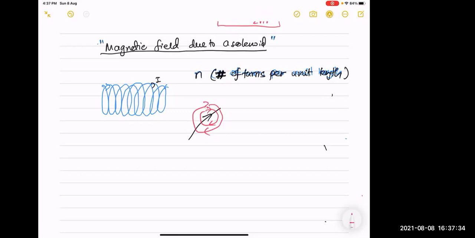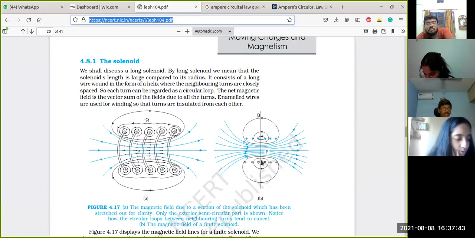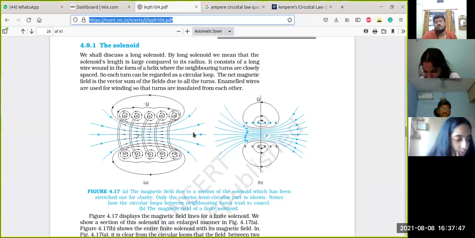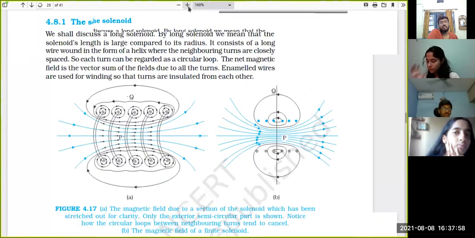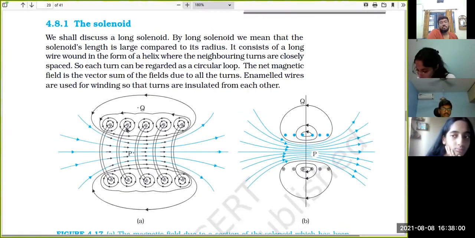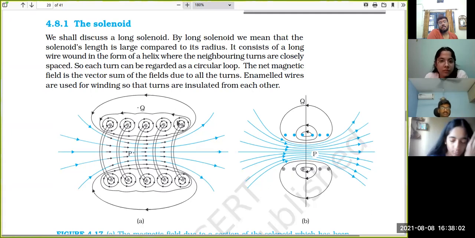It's a solenoid photo. I'll share my screen. Can you see this diagram? I am also sharing my screen. Zoom in and see how the magnetic field is due to these small current-carrying wires.